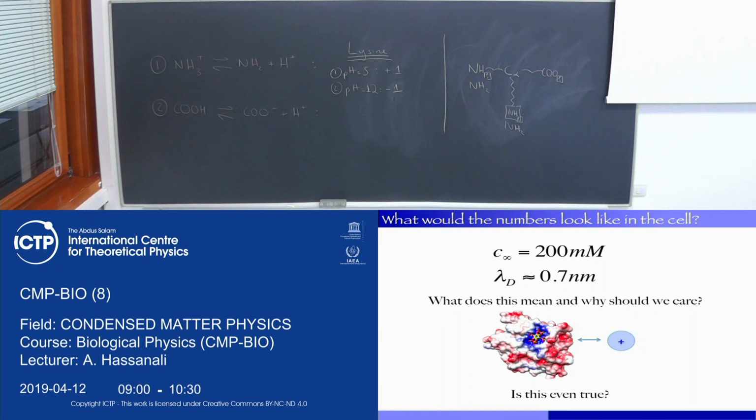That's what this is saying. Now, if I have two charged proteins that come towards each other, then each of them has a 1 nanometer correlation length. Okay, so then we're talking about 2 nanometers, where I have to start worrying about correlations.